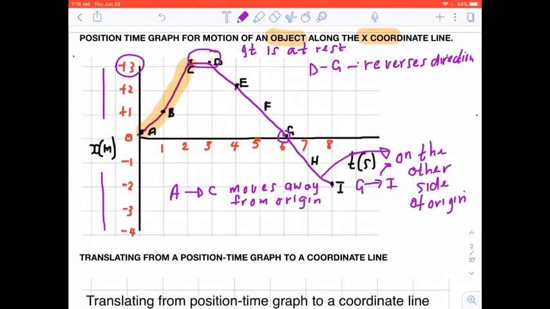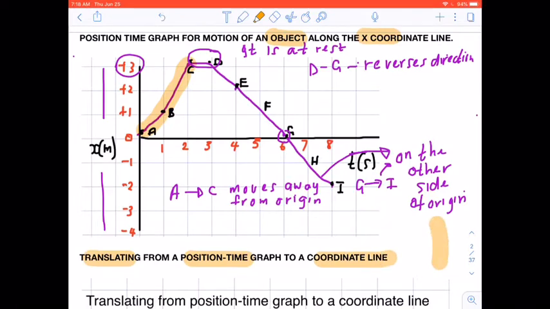Right, now having this position time graph, can you then locate its position on a coordinate axis? So let's try that, translating from a position time graph to a coordinate line.